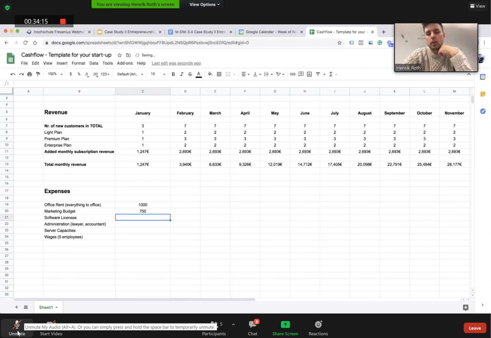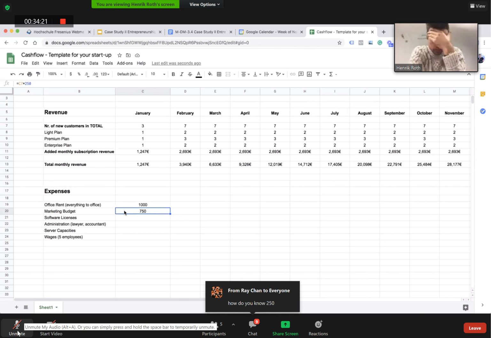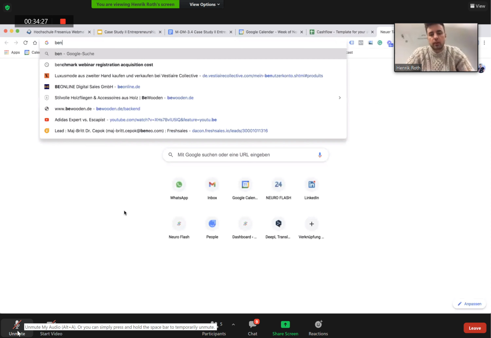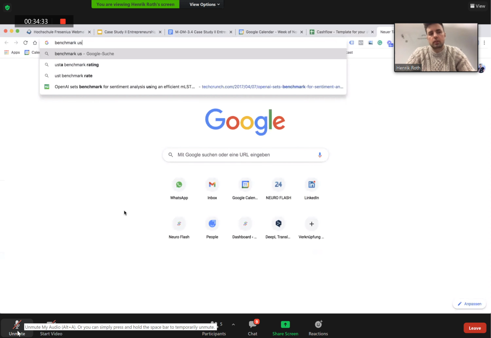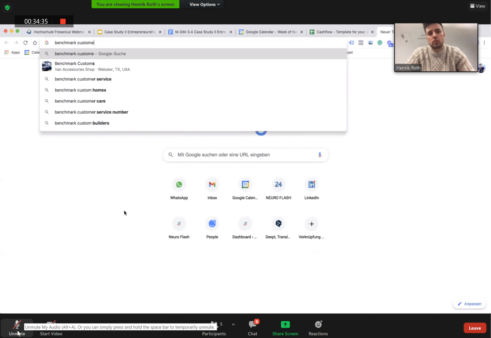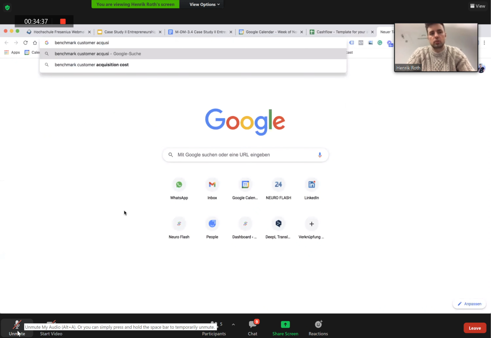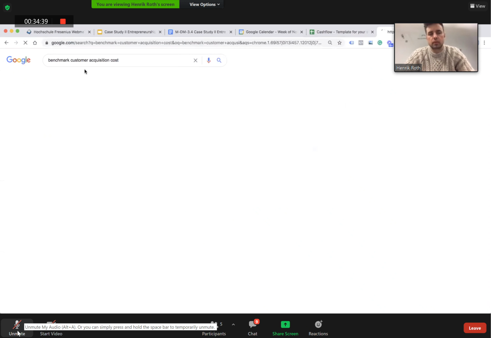How do I know the 250? It's also an assumption, but you can find those assumptions if you Google benchmark customer acquisition cost. This is a term for it.